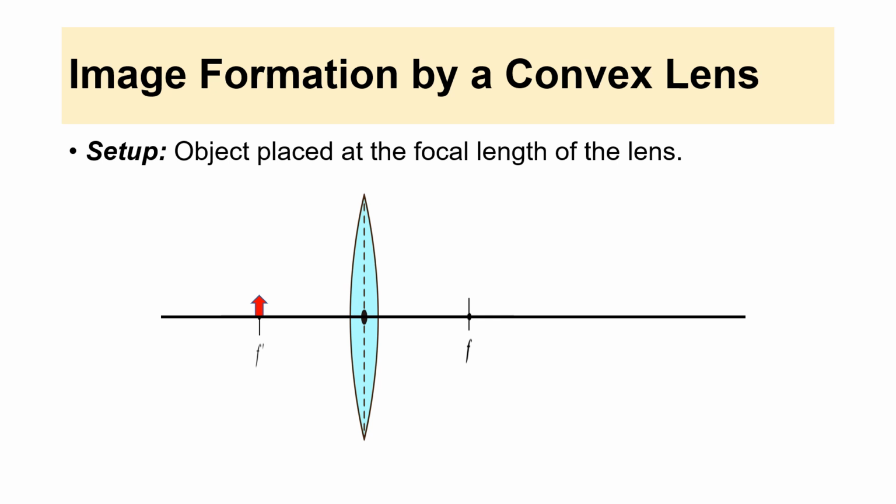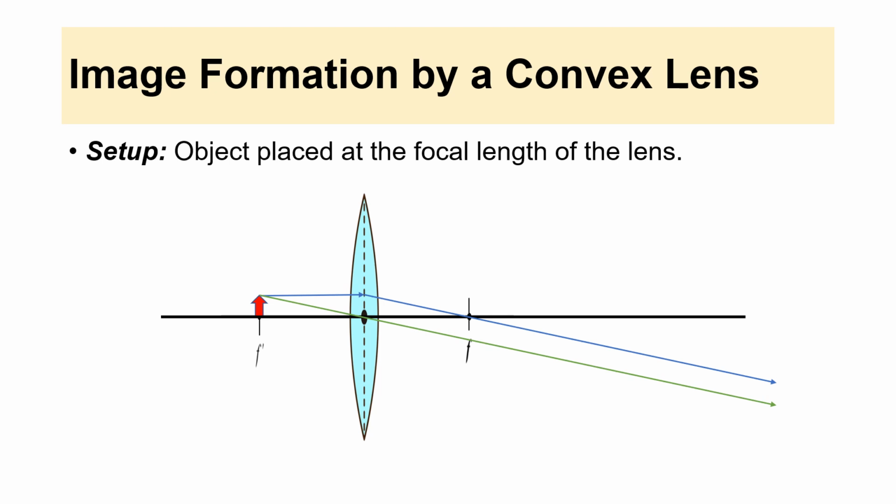Another setup is we're going to place the object at the focal length of the lens. Again, draw the parallel ray, allow it to pass through the focus. Another ray from the tip, allow it to pass through the optical center. It will proceed in a straight line. Now you can see that the refracted rays are parallel to each other. They will never intersect.